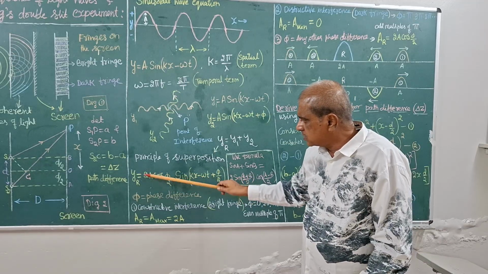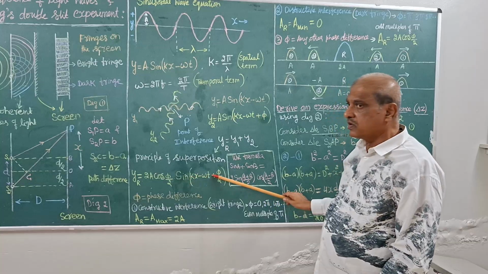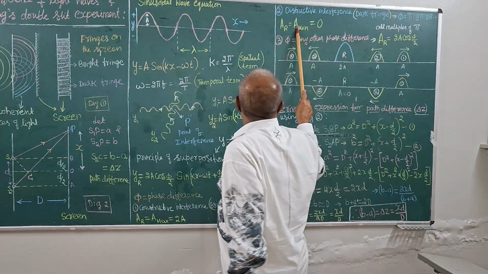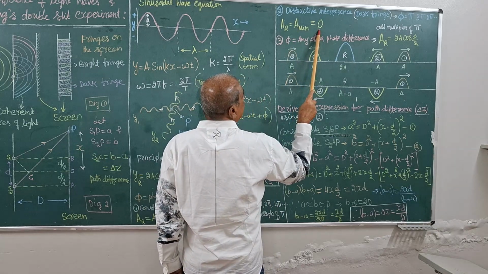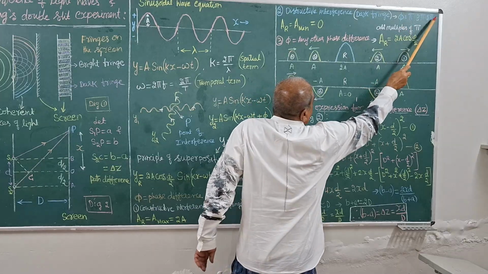If it is 0, the amplitude becomes 0 and the wave becomes 0. That is why we get minimum amplitude, a 0 amplitude, if the phase difference between them is these standard values.